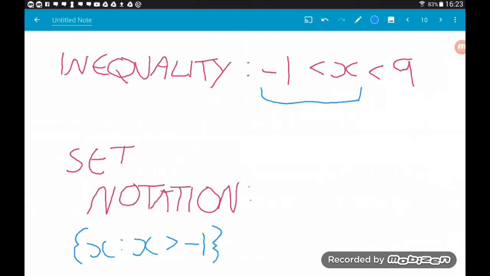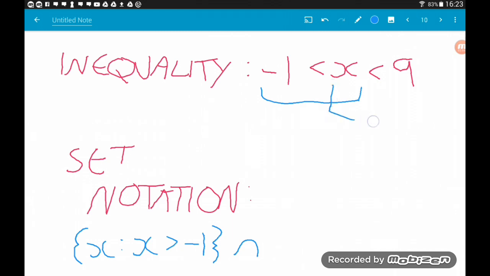Now, what are all the numbers inside this interval? They are greater than -1, but less than 9. So they have to be greater than -1 and less than 9. So here, we use an intersection, and then we put the other inequality in.